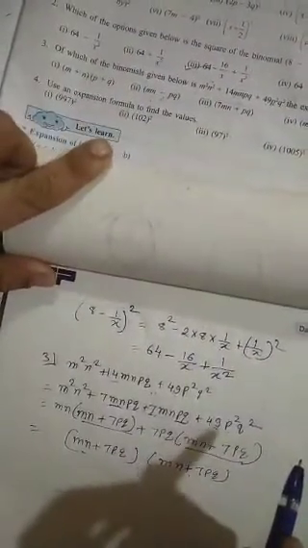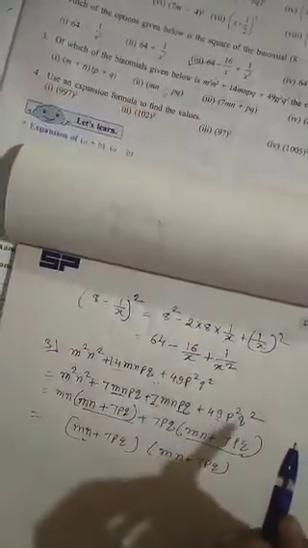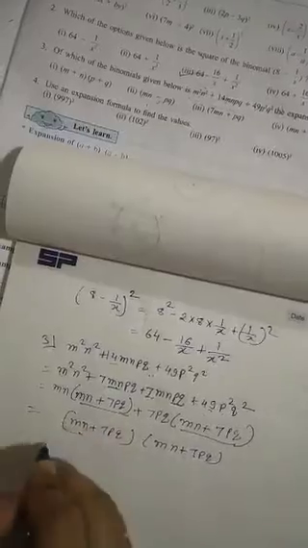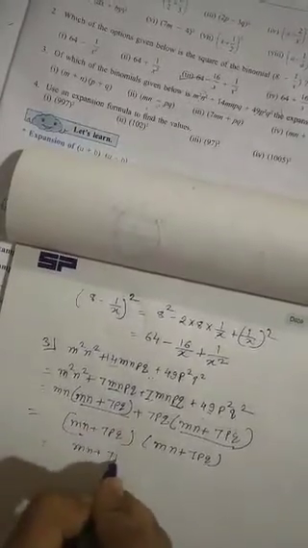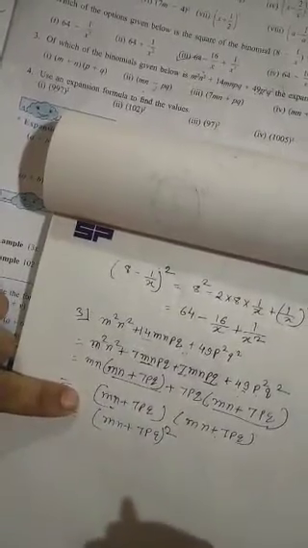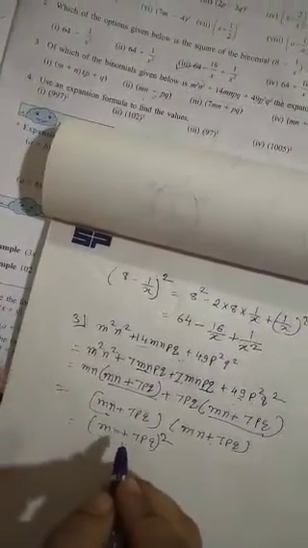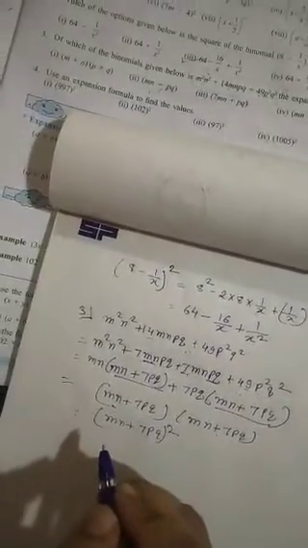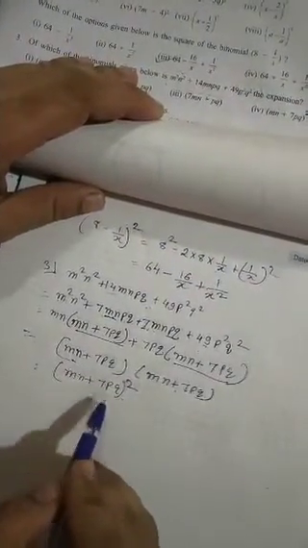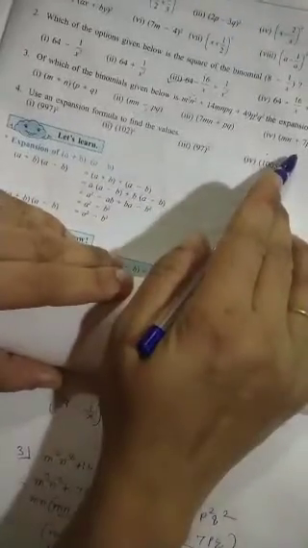So here it is the expansion of (mn plus 7pq), which is given 2 times, so we write square. Just make the correction here and put the square sign. Now we are getting the answer. That means the fourth option is the correct option.